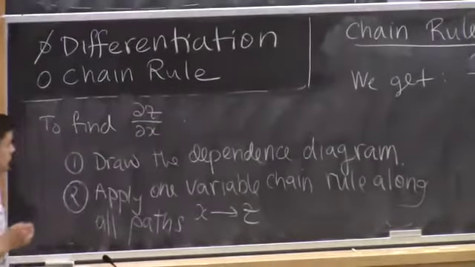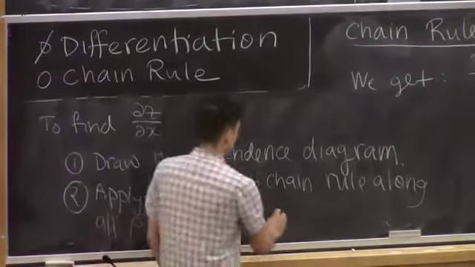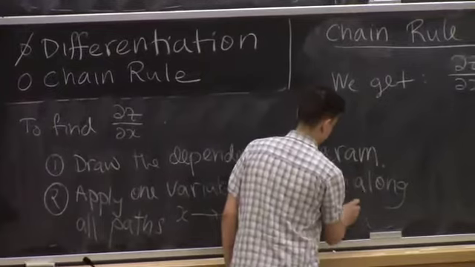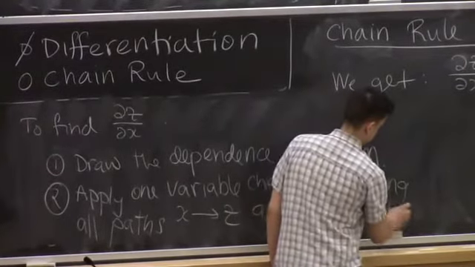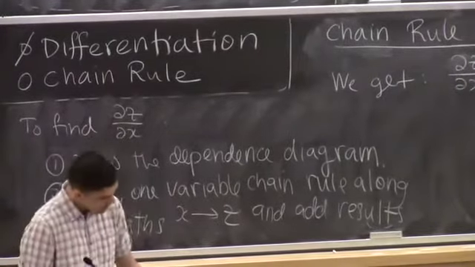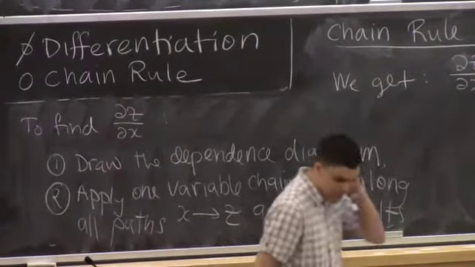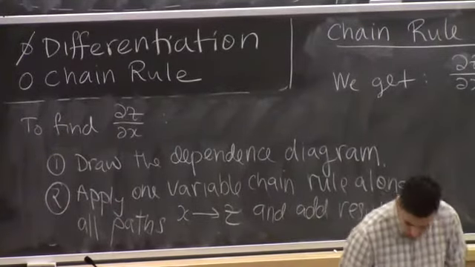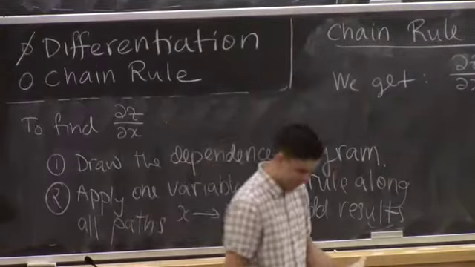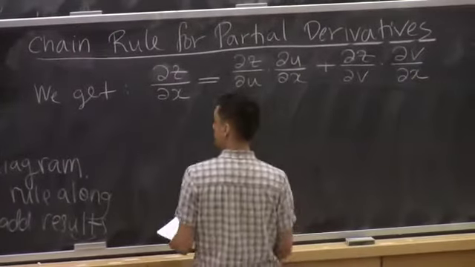We apply the one variable chain rule along all paths from x to z and add results. Okay, so there's our statement of the chain rule. Let's see how it would work in practice.